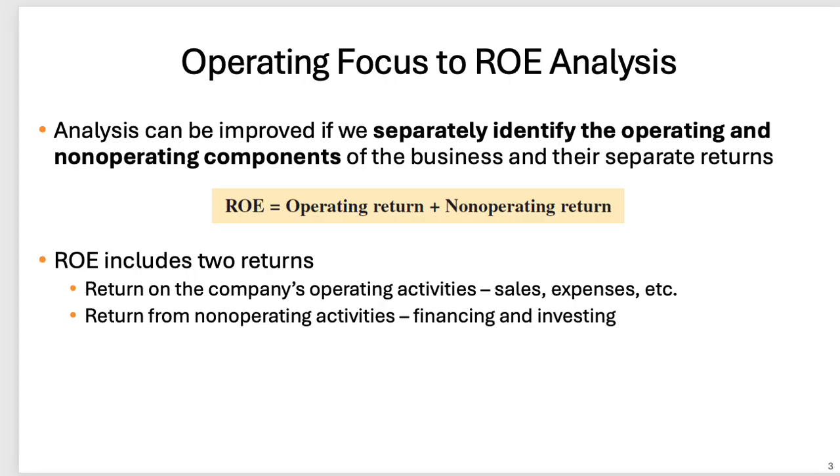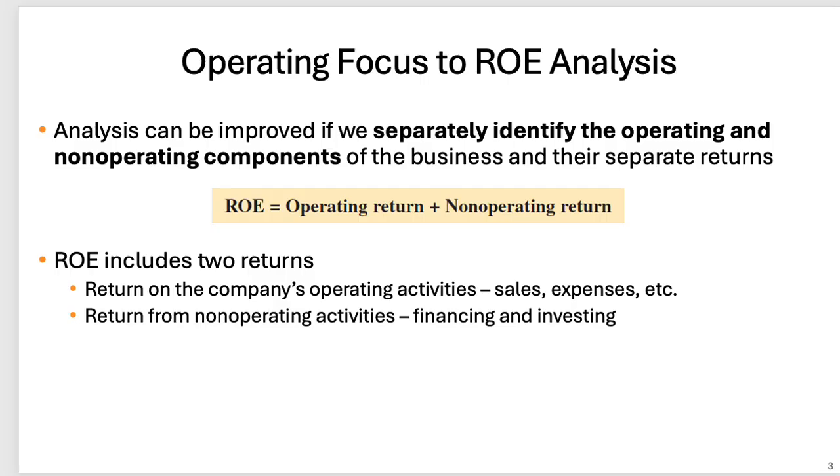So you can see here in this slide, what we're trying to do is figure out what components are really operating components, and what are components that are not really operational. And so what we are saying is that a component of ROE is of course the actual operating return from our operations.